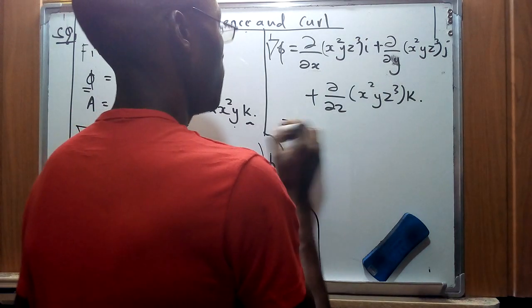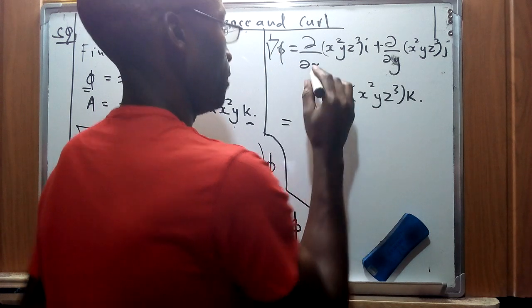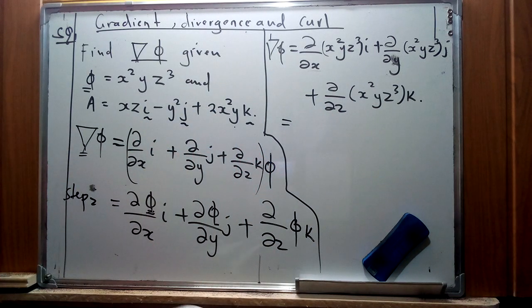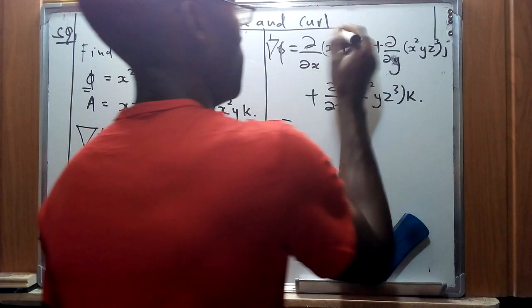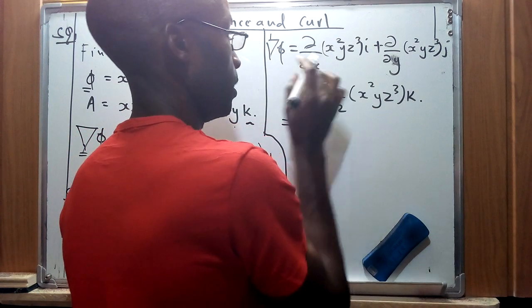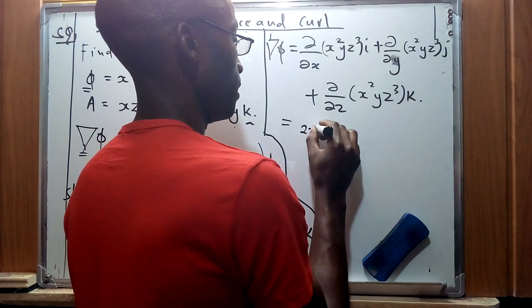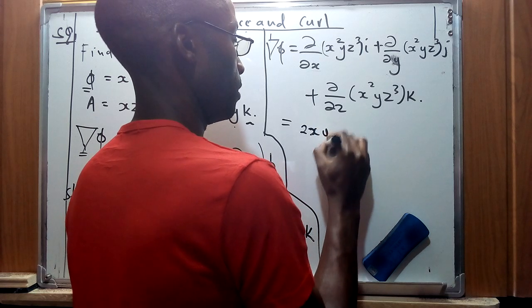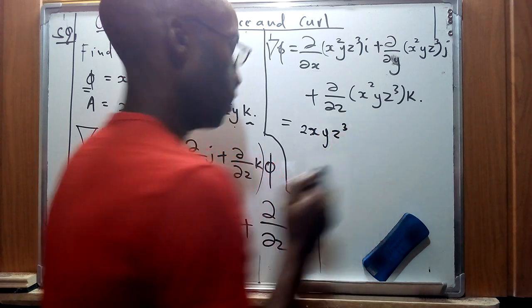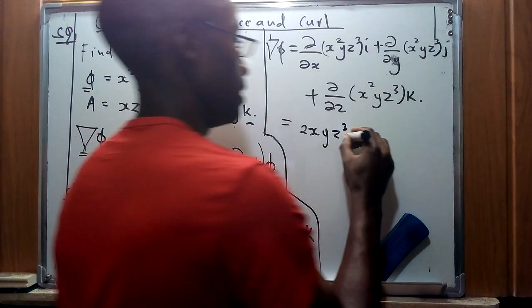So del phi for the first one is the derivative with respect to x of that i part, which is differentiating x squared with respect to x, 2x, and we maintain the rest, which is y z cubed, and that is for i.